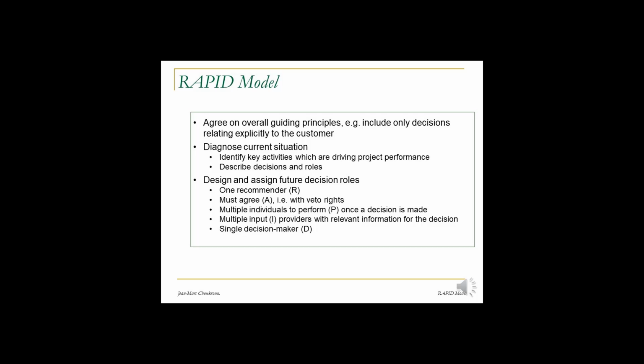If the A does not agree, the decision is not made or the action does not go ahead. P are the individuals who perform the task once the decision is made, and there can be more than one. I are the input providers who have relevant information for the decision to be made, and D is a single decision maker.